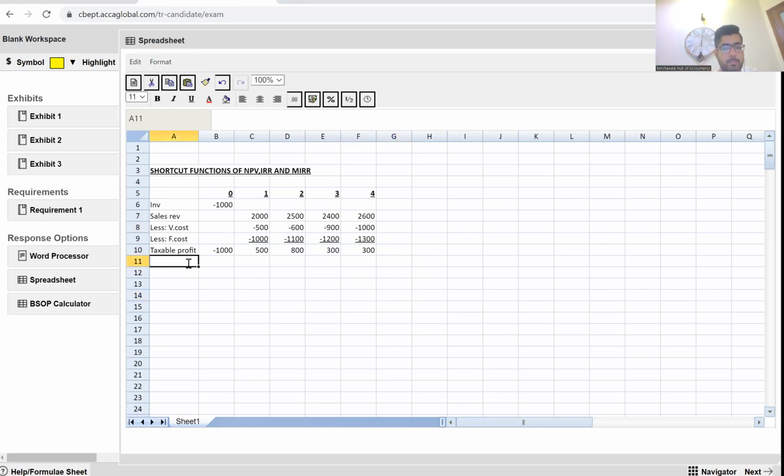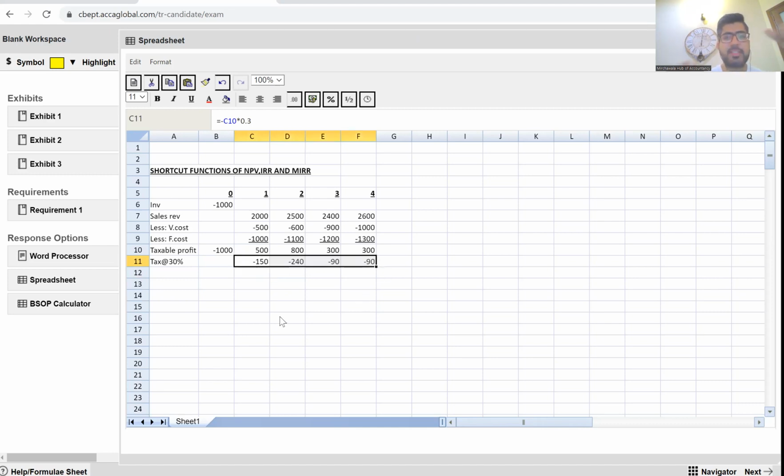Now on that taxable profit, we pay tax at the rate of 30%. So year 0 has no profits, no tax. Year 1 has 500. It's C10, 30% tax, 0.3. It should have been an outflow, minus. And no need to work on it again and again. Just drag it.